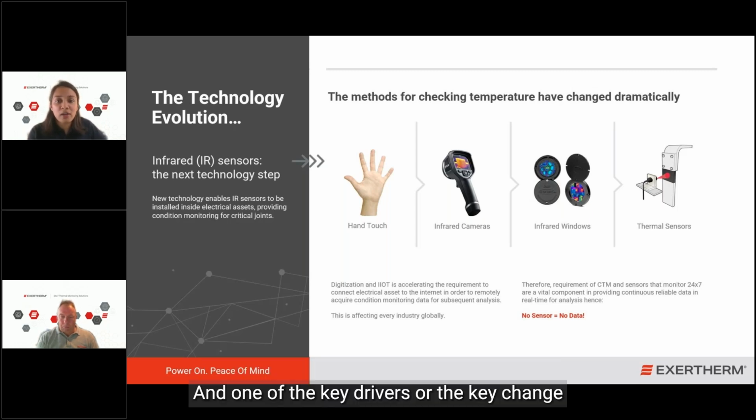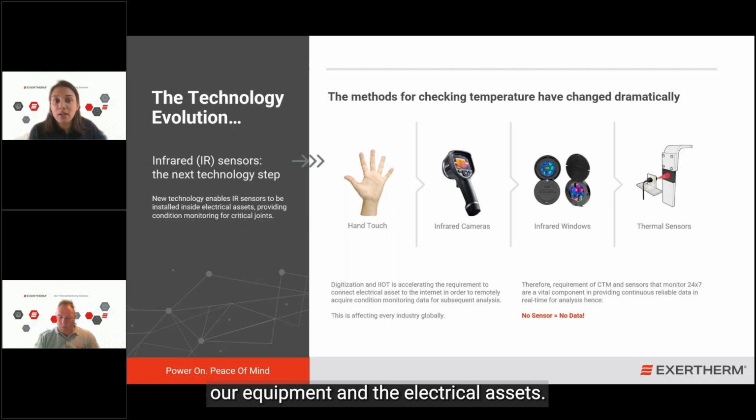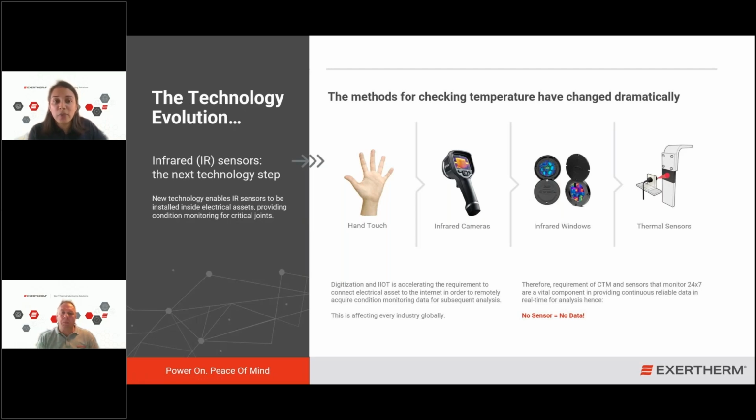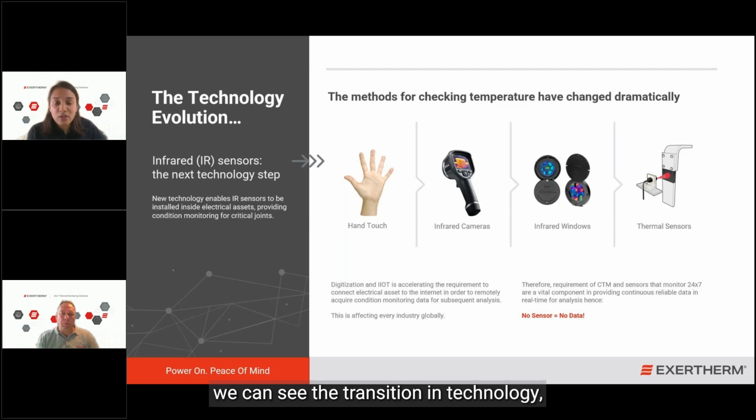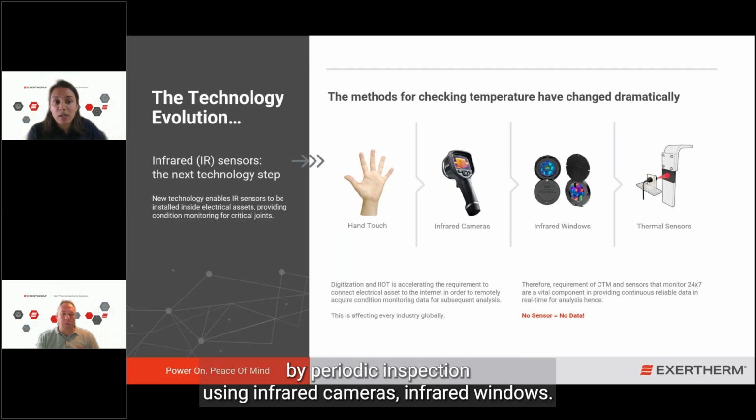One of the key changes which the Internet of Things will bring is the way in which we monitor our equipment and electrical assets. As you can see from the slide, there is a transition in technology from periodic inspection by humans, which is now replaced by periodic inspection using infrared cameras and infrared windows.